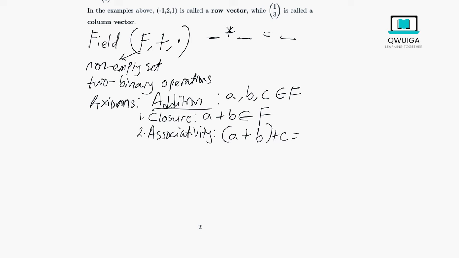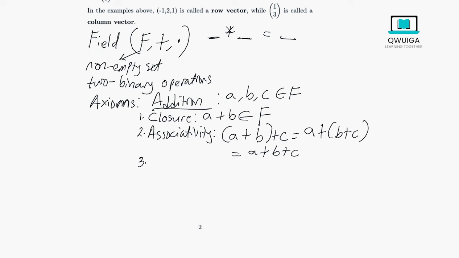So I could add A and B first and then add the result to C, or add B plus C first and then add the result to A, but it must give me the same result. If it does, then addition is associative on this set. So I can write either of them simply as A plus B plus C.